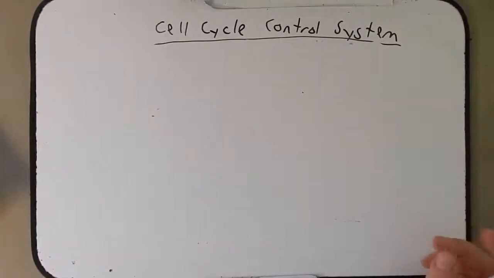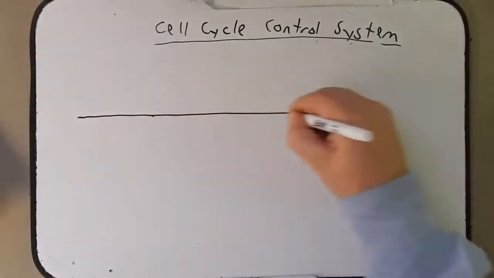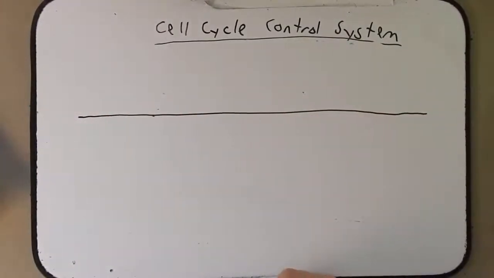So as I mentioned on the previous slide, there are several types of cyclins and CDKs, the cyclin-dependent kinases. And they're going to be specific for different stages of the cell cycle and be activated at precise checkpoints. So I want to draw here a slightly different figure.